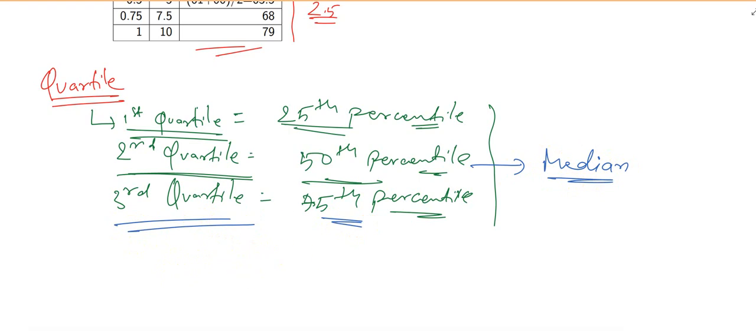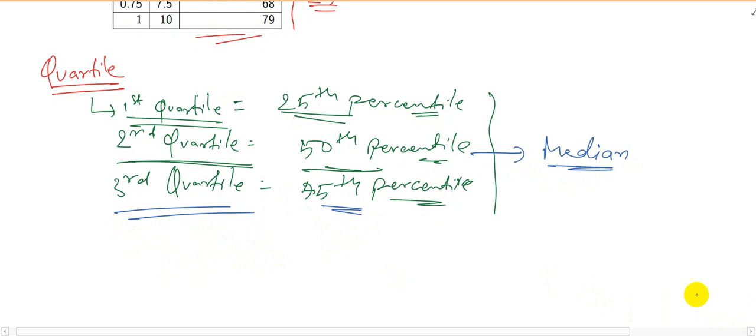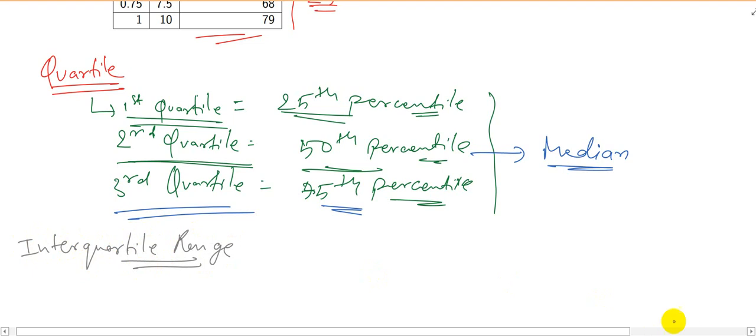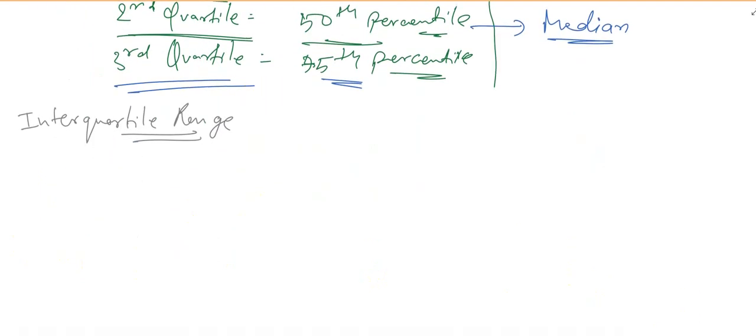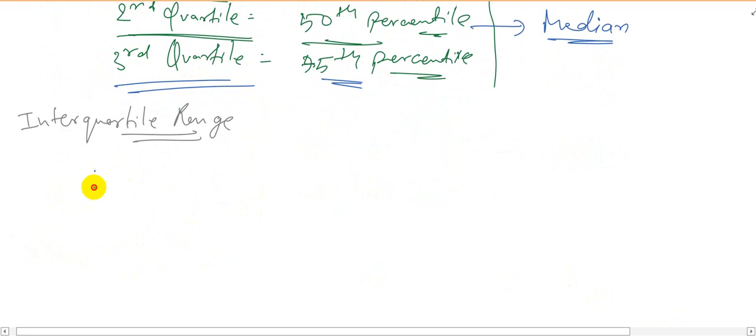Now comes the concept of our next measure of dispersion, which is nothing but the interquartile range. The interquartile range is written as IQR, which is equal to Q3 minus Q1.